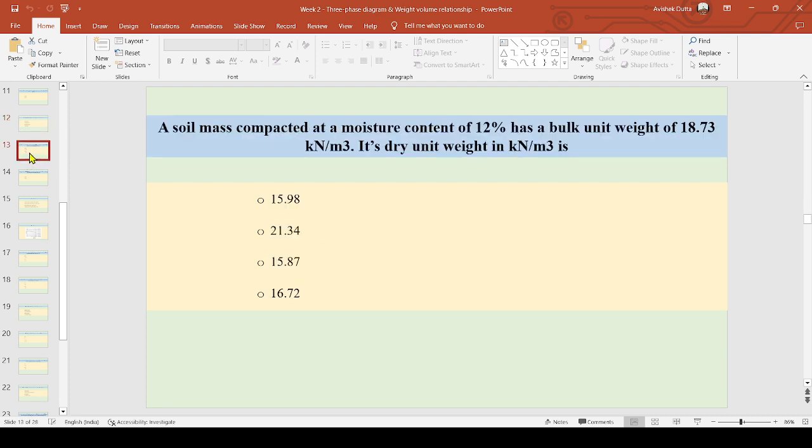Another numerical. A soil mass compacted at a moisture content of 12% has a bulk unit weight of 18.73 kilonewton per meter cube. Its dry unit weight in kilonewton per meter cube is.